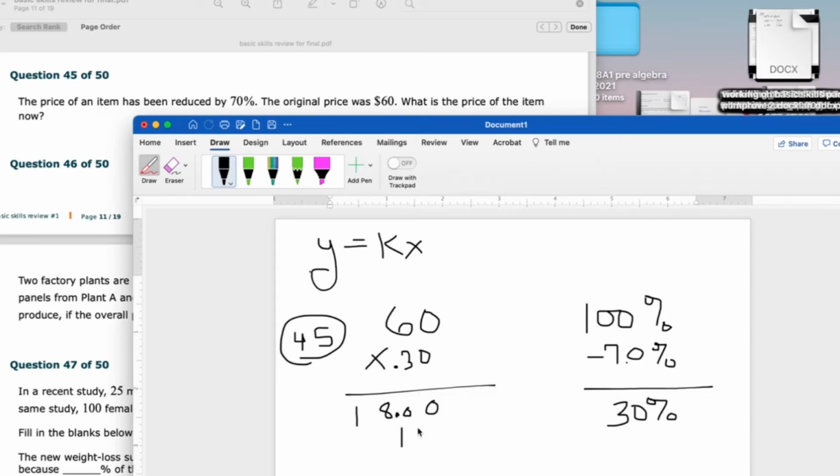So $18 is the new price after it had been reduced by 70%. Okay, so we're only talking about 30% of the price, and $18 is 30% of 60. It's less than half, right? Because 30% is less than half, and so that makes sense.